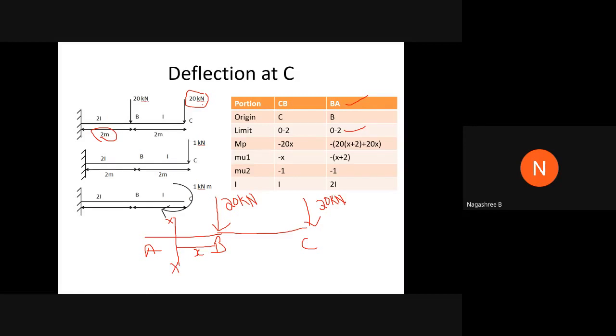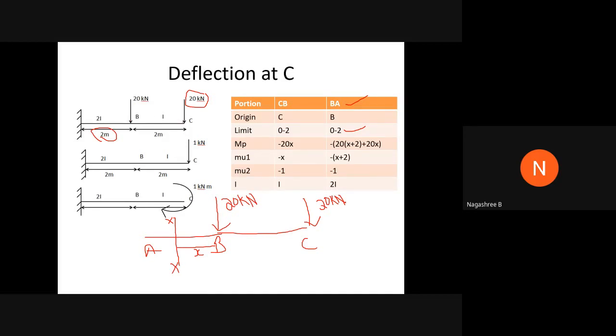The deflection cannot be due to only one entity. In bending moment calculation, we do not take the load exactly on that point; we take the load due to the consecutive distances.